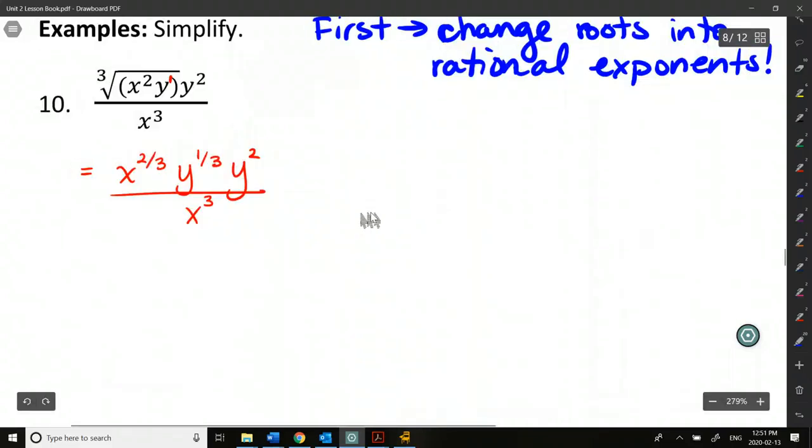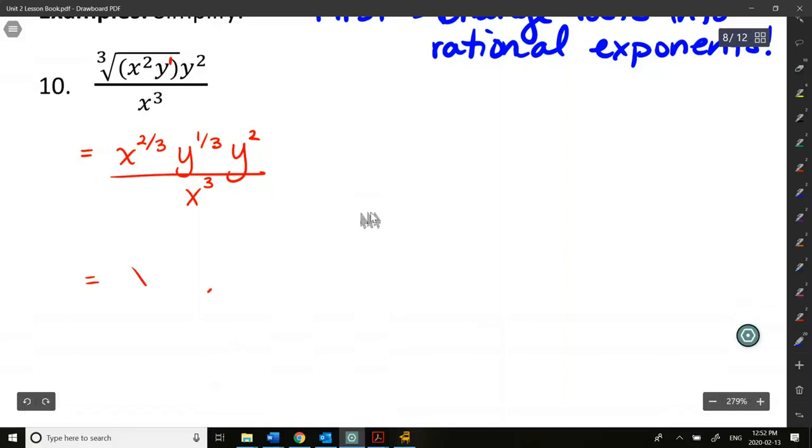Okay, now I want to gather all the x's together and I want to gather all the y's together. So in the x exponents here, what am I going to do if I have an x divided by an x? What do we do with their exponents? Subtract. We have to subtract them. And what do we need when we're subtracting fractions? Same denominator. Common denominator, perfect. So I need to write the x on the bottom.